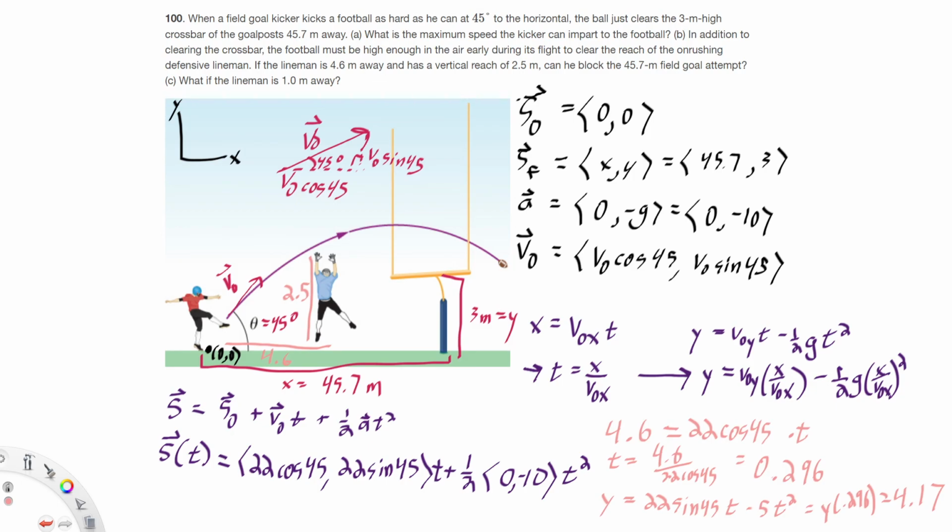So 4.17 meters is definitely bigger than 2.5 meters, so it will clear. All right, unless there are some more questions, I think we're going to end it here for today.